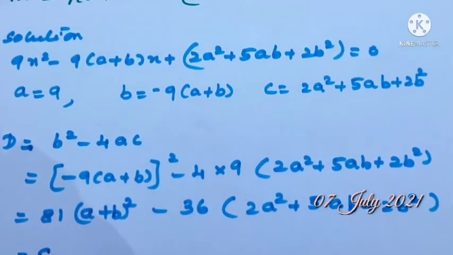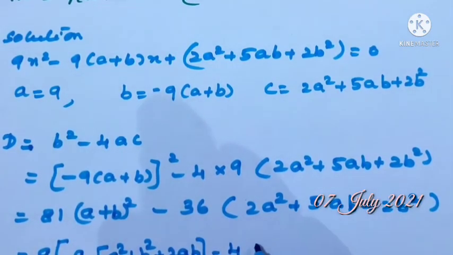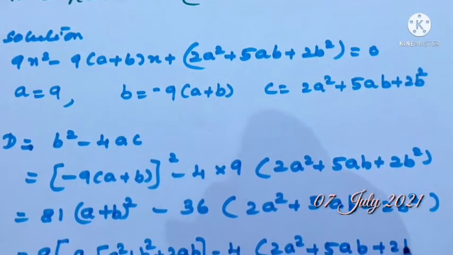9 common we can take outside. So 9 into (a square plus b square plus 2ab) minus 4 into (2a square plus 5ab plus 2b square).